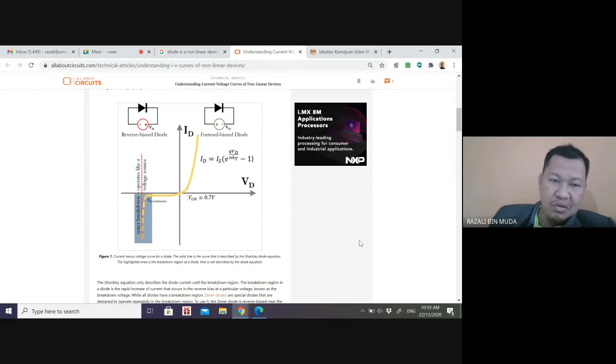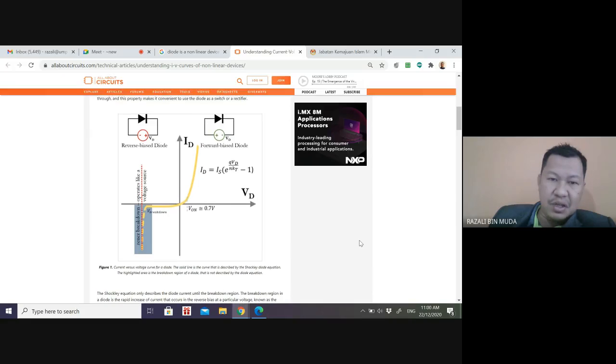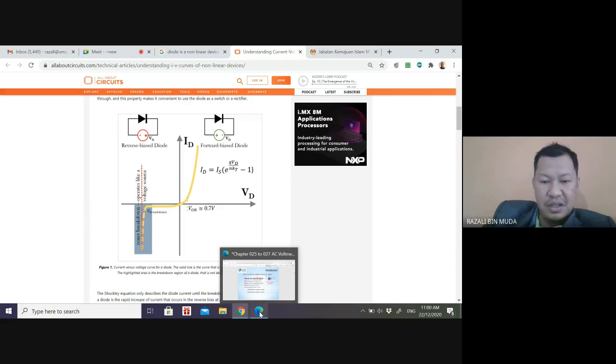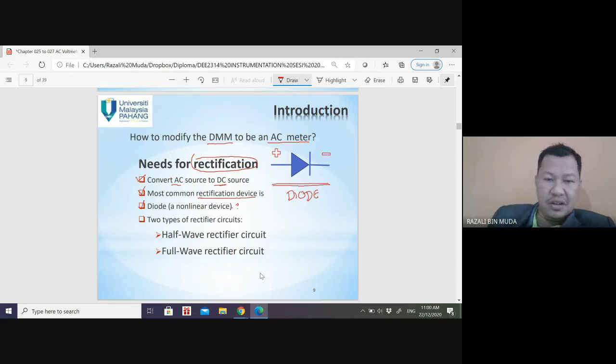But at a certain value, suddenly the current will increase. That value is called breakdown voltage, V breakdown. So from this figure, we can conclude that diode is a non-linear device. This non-linear comes from the IV curve, current voltage curve, which I have shown just now.